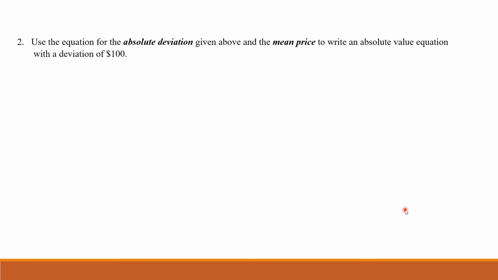So let's use the equation for an absolute deviation, the absolute value and the mean price, to write an absolute value equation with a deviation of $100. This is what that equation looks like: x is the computer price we're willing to pay, and the difference between that price and 664 could be 100.